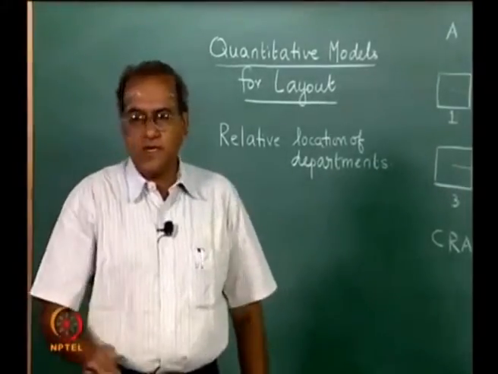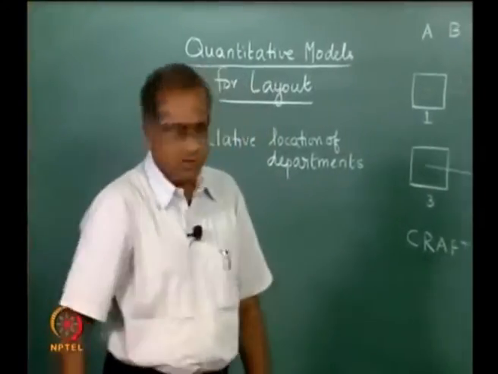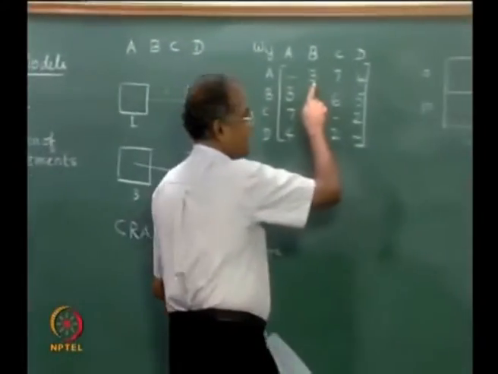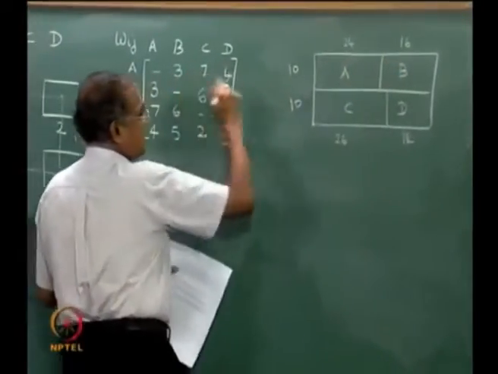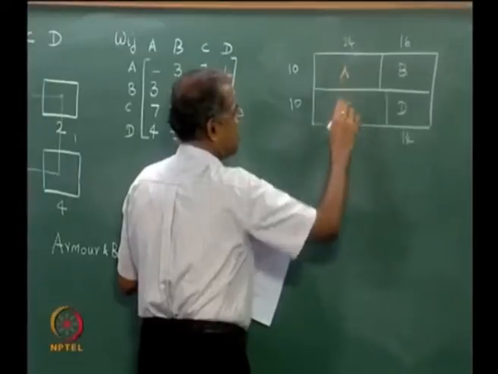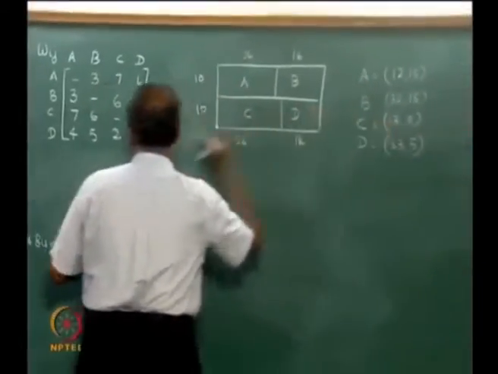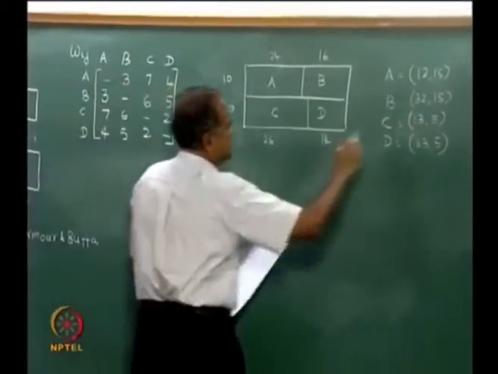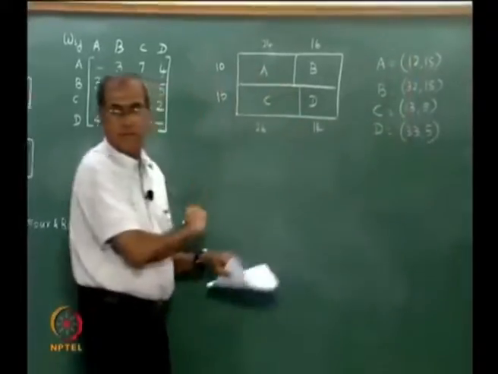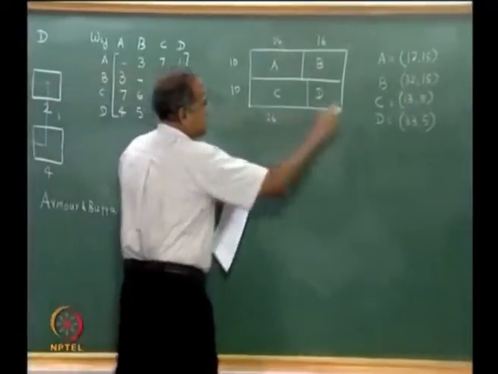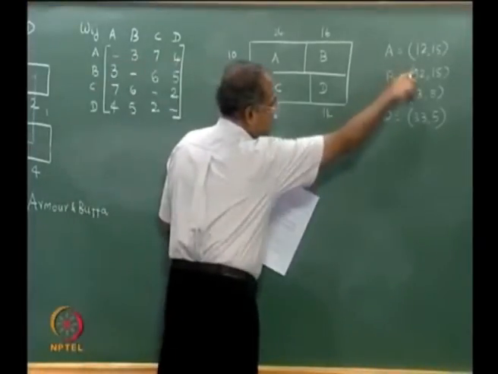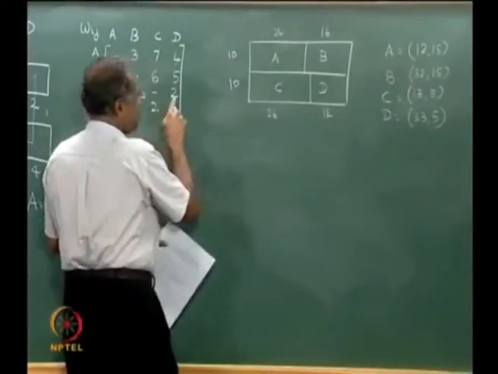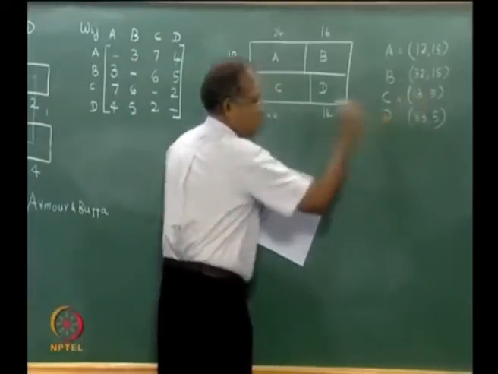So, the W into D for this given layout will be 3 times this distance plus 7 times the distance between this and this centroid, plus 4 times the distance between this and this, plus 6 times the distance between this and this, plus 5 times the distance between this and this, and 2 times the distance between this and this.